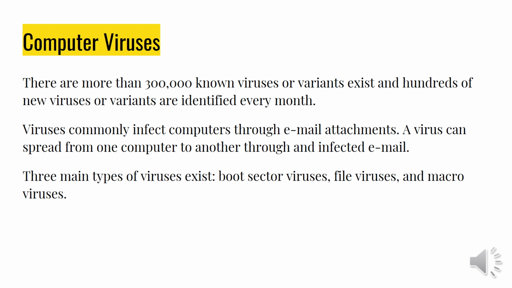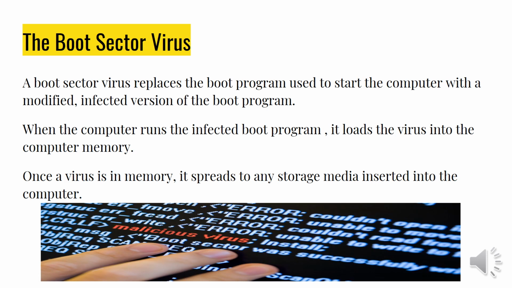Three main types of viruses exist: the boot sector virus, file viruses, and macroviruses. The boot sector virus replaces the boot program used to start the computer with a modified, infected version of the boot program.